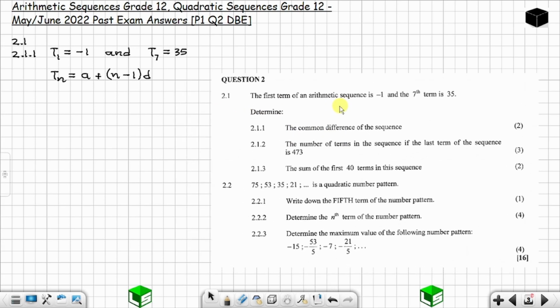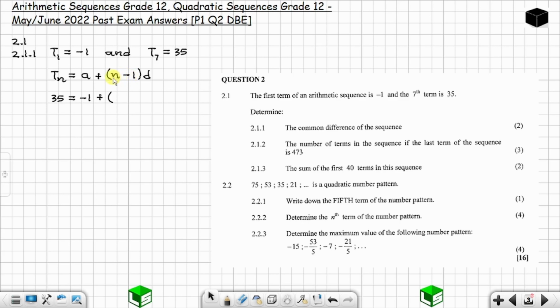Let's do that. Substitute Tn with 35. This is equal to A, the first term, which is -1. This is what you are told: the first term of an arithmetic sequence is -1. Plus, in brackets, n minus 1.